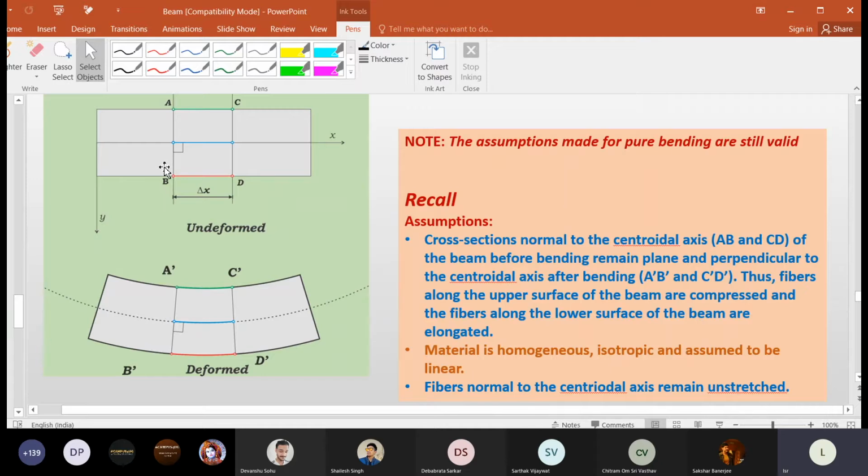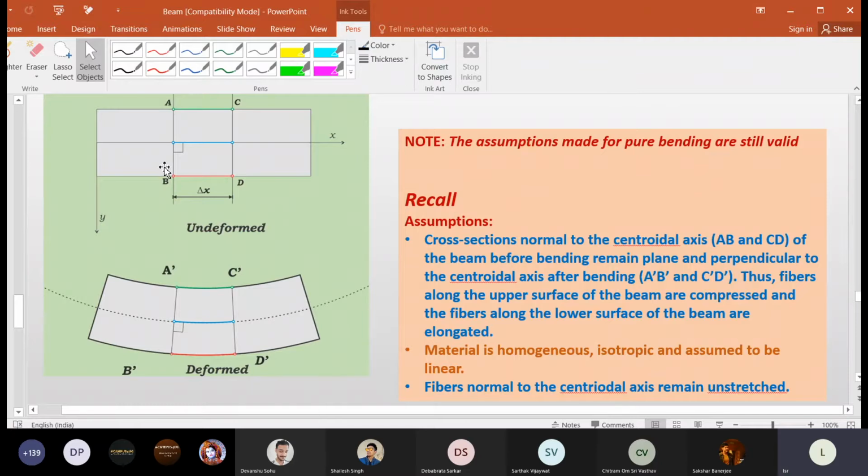A mathematical model is the differential equation. I don't know whether you know how to find out deflection: EI d square y by dx square, where y is the deformation.